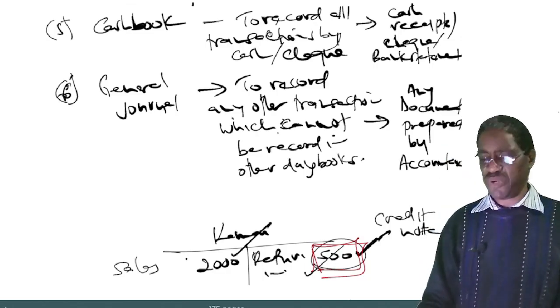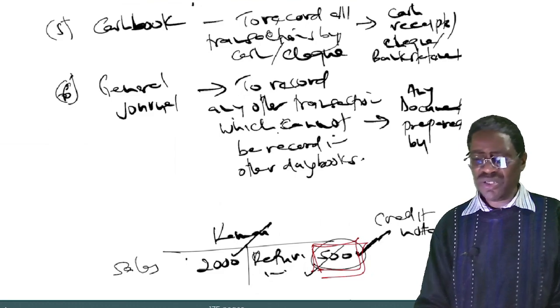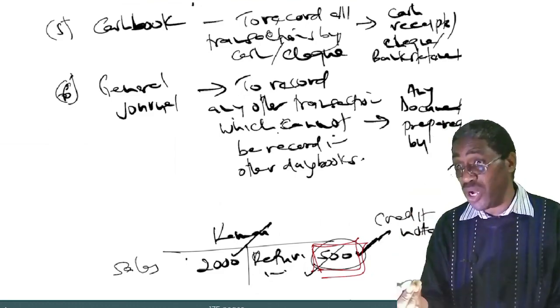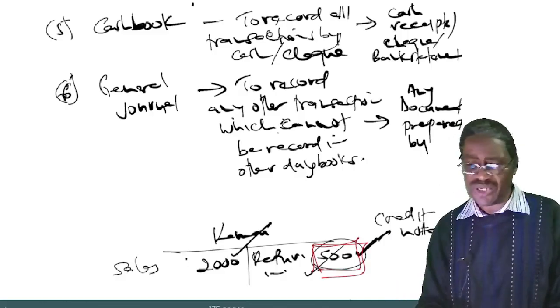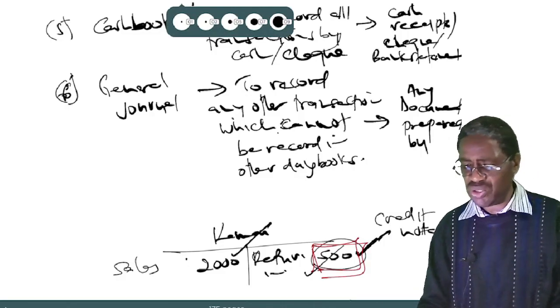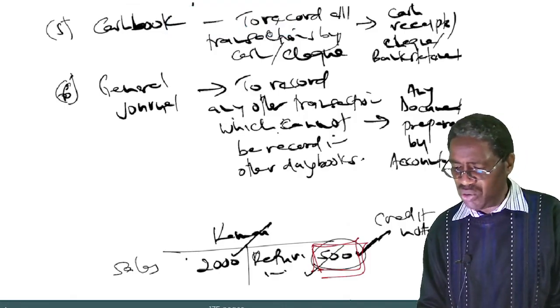Whenever you are purchasing goods or purchasing a motor vehicle, a document will be prepared. So here is any document that shows where that information is coming from. We are saying any document prepared by accountant.